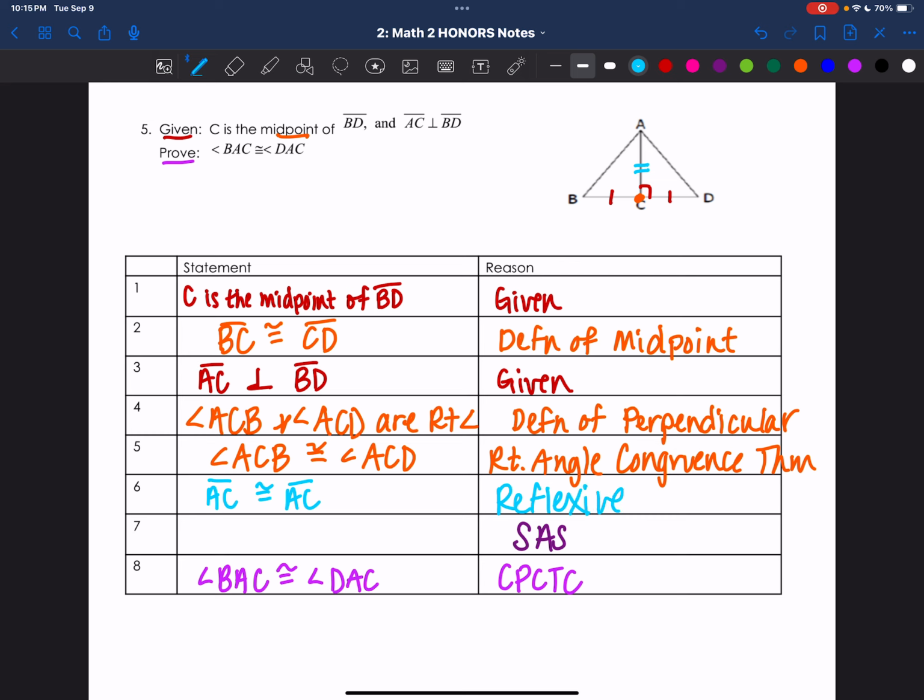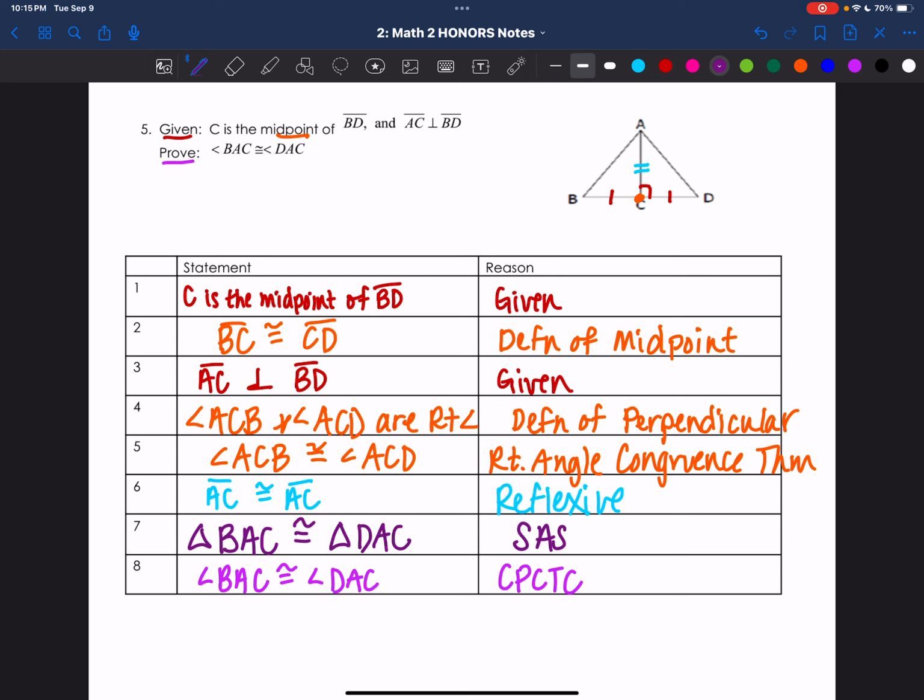All right, now almost to the last part, now we need to write our triangle congruent statements. Once we get our triangle congruent statements, then we can say that corresponding parts of congruent triangles are congruent. So let's get our good old triangle statements. So I know triangle BAC is going to be congruent to triangle DAC.